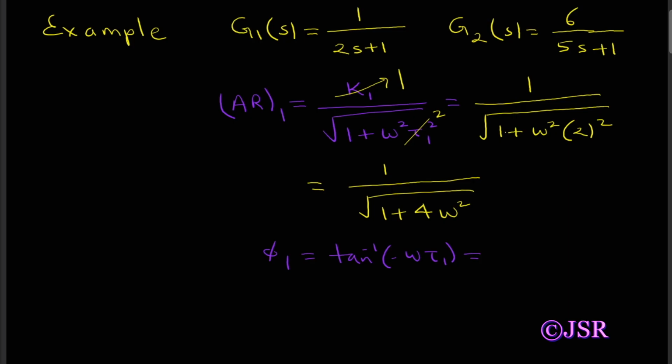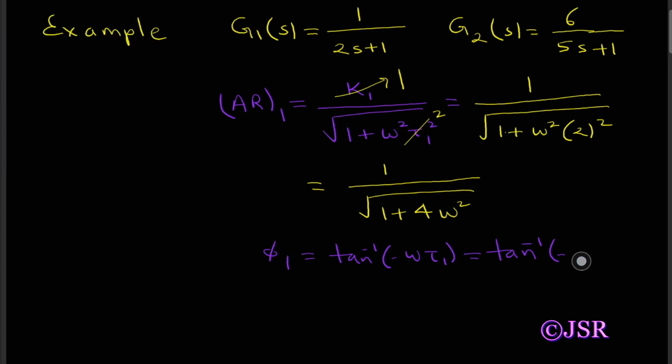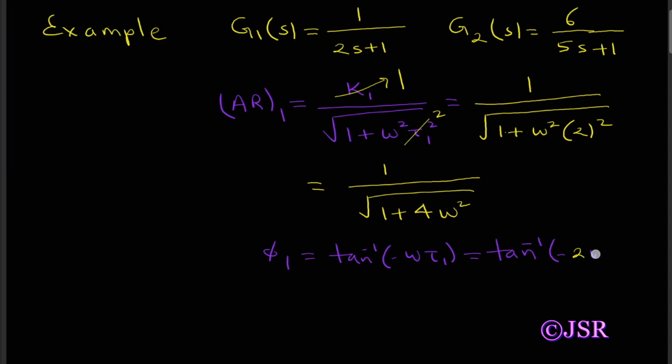So now replace tau 1 with 2. So here we will have tan inverse minus 2 omega.